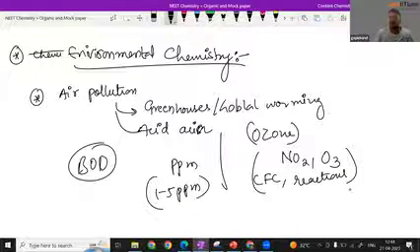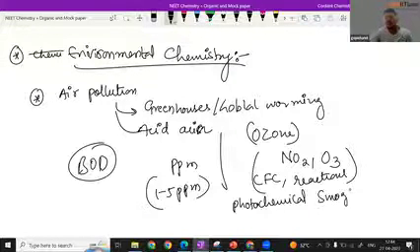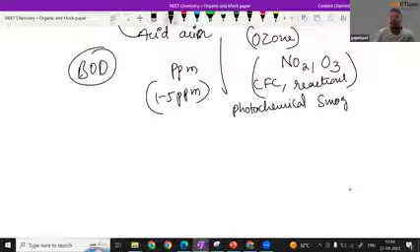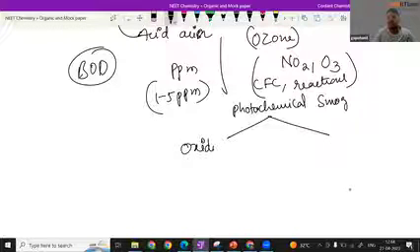Another one is photochemical smog. We know that photochemical smog is a mixture of fog and smoke. In photochemical smog, you have two types of smog. One is oxidizing smog, and the other is reducing smog.